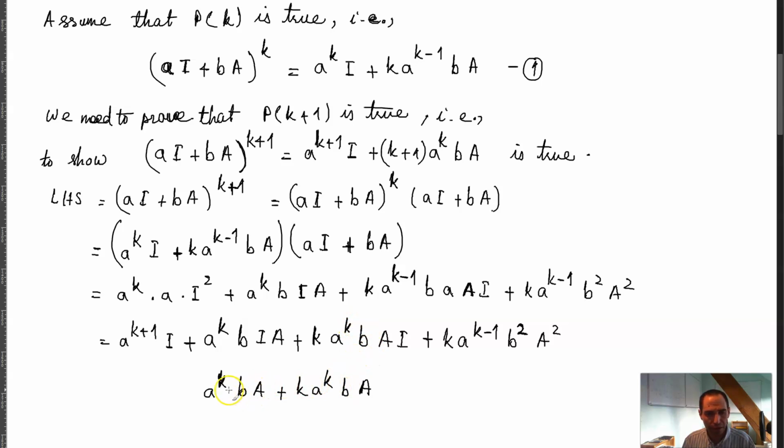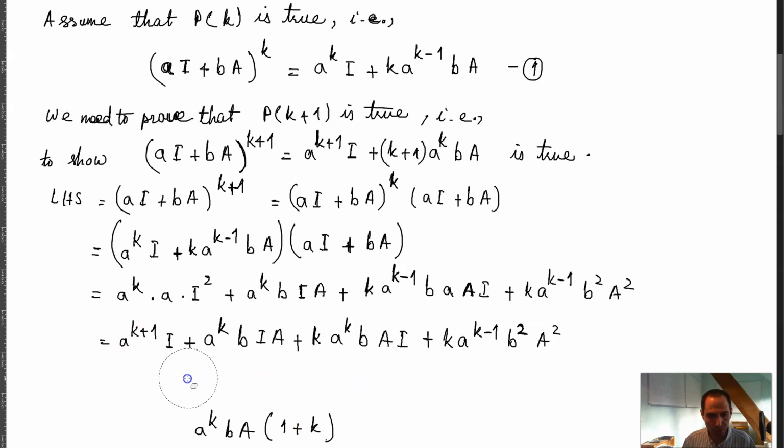And then here I can take A raised to the power K, B times A, I can take that out, and write this as A raised to the power K, B times A, can take that out, and then I can write this as 1 plus K. So these two terms added together will give you this one.